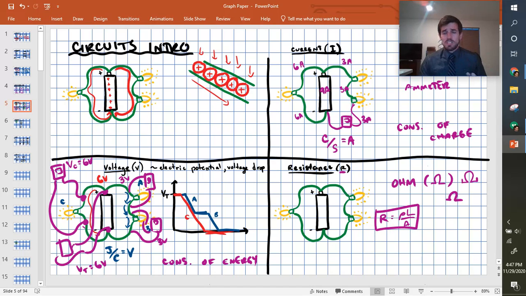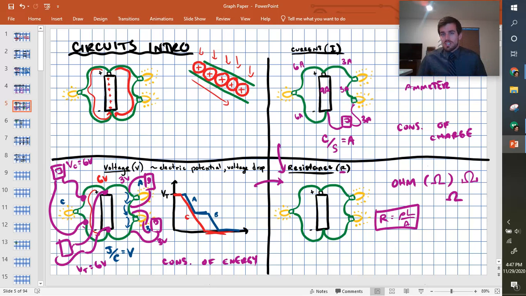Otherwise, you won't be doing it unless they give you specifically length and area information that we'll talk about in a later video. You will never be asked to directly measure the resistance. Instead, you will somehow measure the current and the voltage and use that to figure out what the resistance must be.